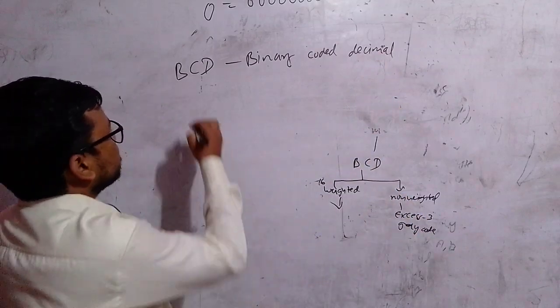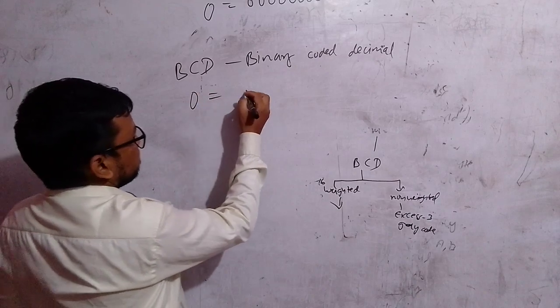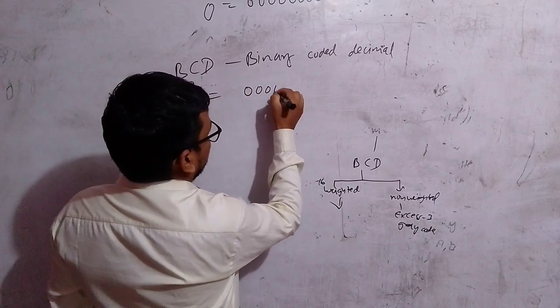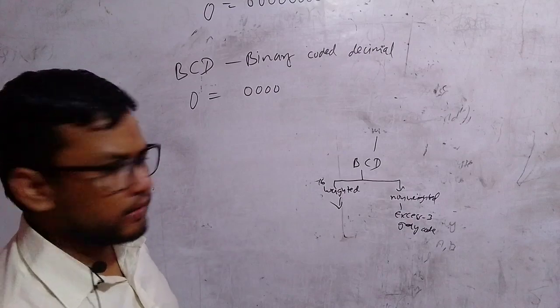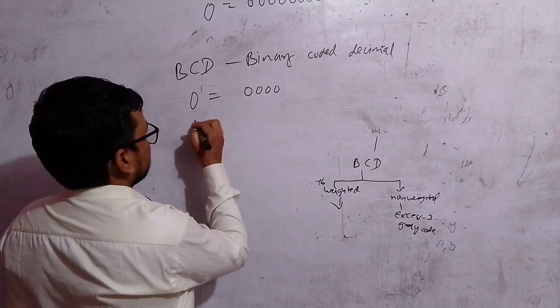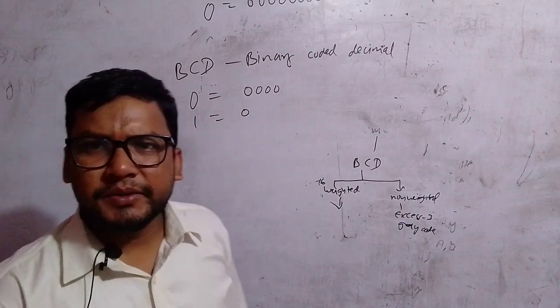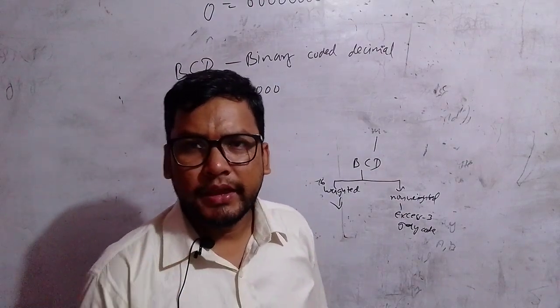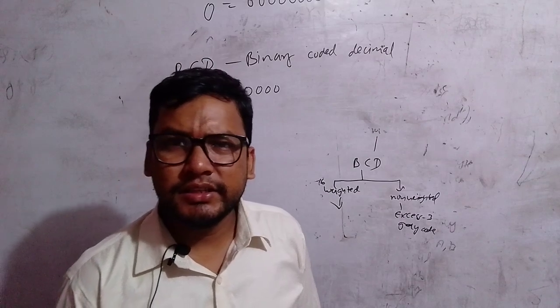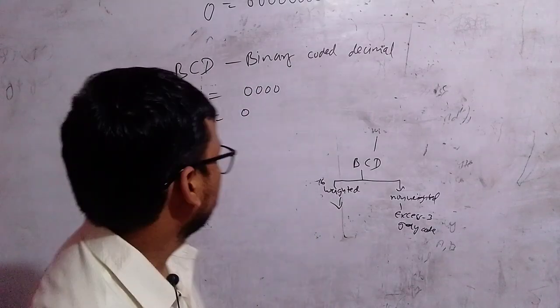Now, suppose 0. 0 is represented by 0000. Same way, just a binary conversion for 1, 2, but each digit is represented by 4 bits. In a BCD format, each digit is represented by 4 bits.